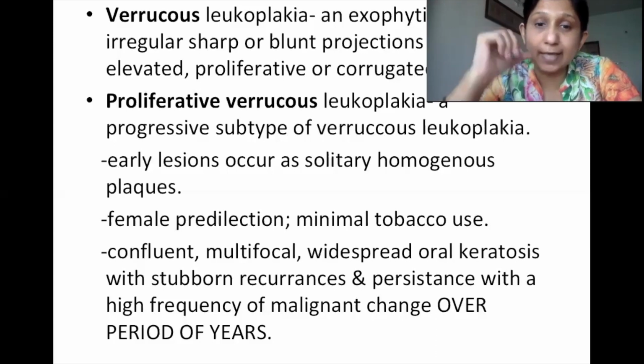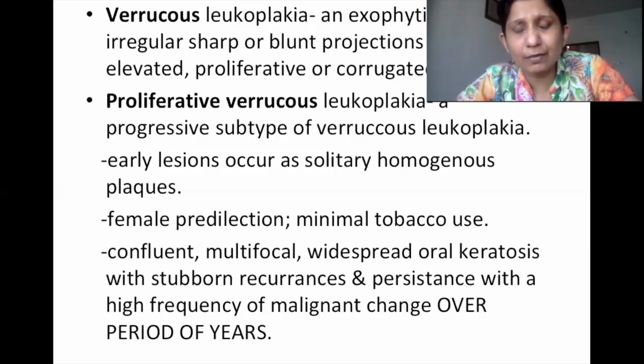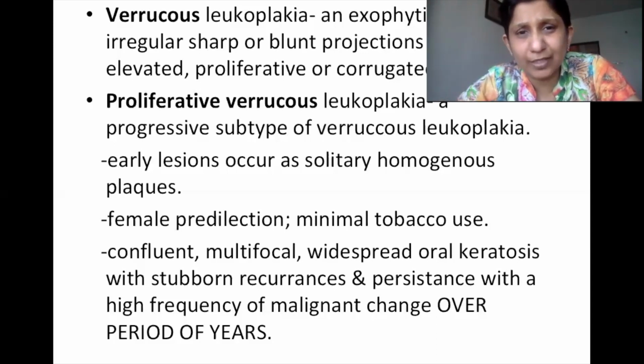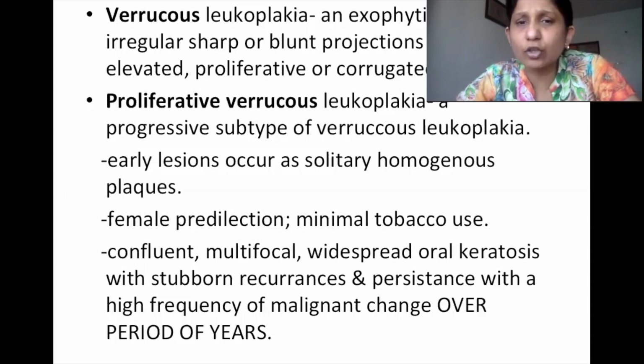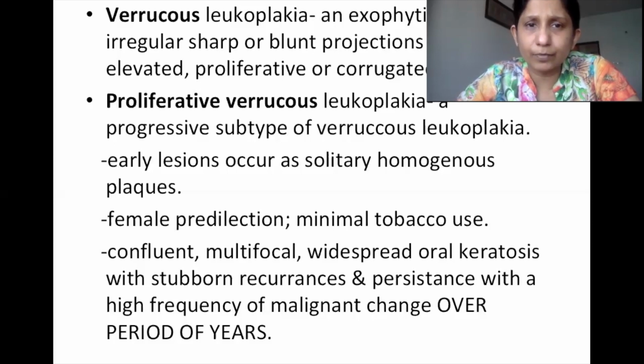What I mean to say is that the patient will come to you with the first lesion, which will be a single white area. If he or she does not undergo any change of these lesions, it will stay like that. So it has minimal tobacco use etiology and female predilection, but it is very stubbornly recurrent.